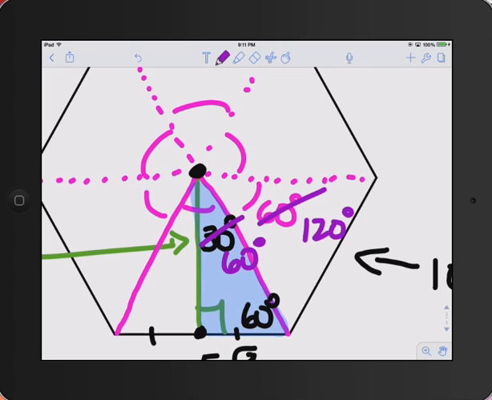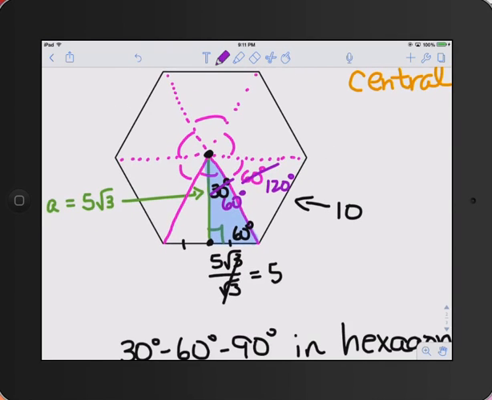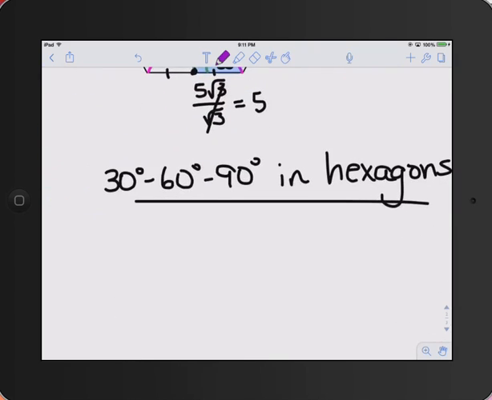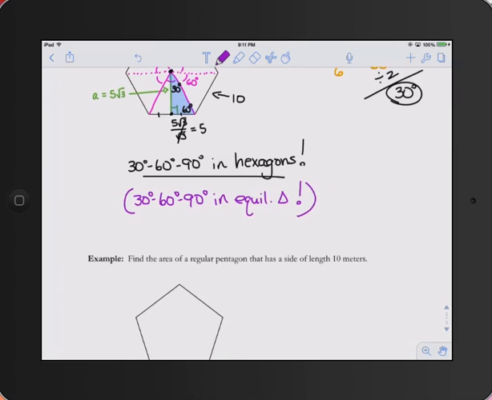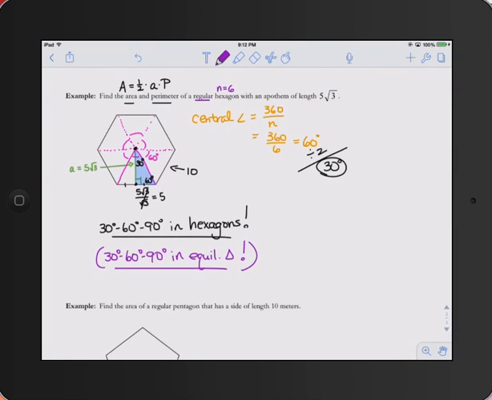The central angle measure being 120 would happen in what kind of figure? Well, 360 divided by n being 120 means there had to be 3 sides. So that's only going to happen if it's an equilateral triangle. In the picture, the 30, 60, 90 triangle will be oriented the other way. You can also get 30, 60, 90s in equilateral triangles, but don't think that you're always going to end up with a 30, 60, 90 triangle, because it's going to depend on what the central angle measure is.